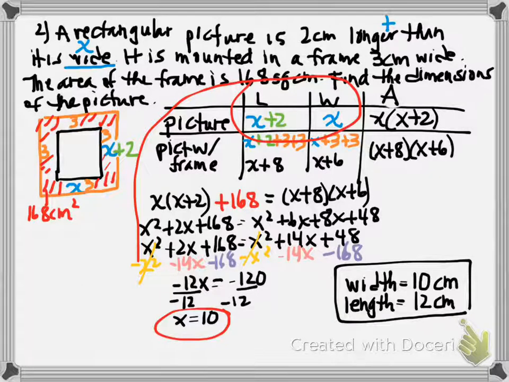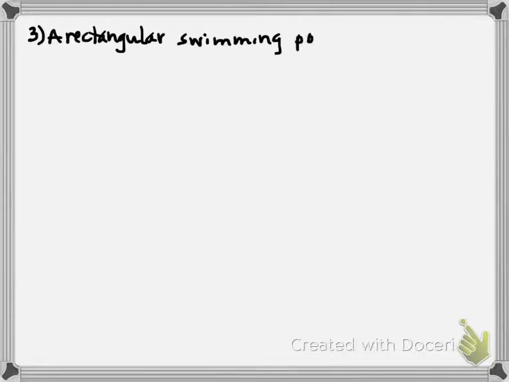Okay, and I've got one more for us to try. And this one talks about a swimming pool. A rectangular swimming pool is 4 meters longer than it is wide.